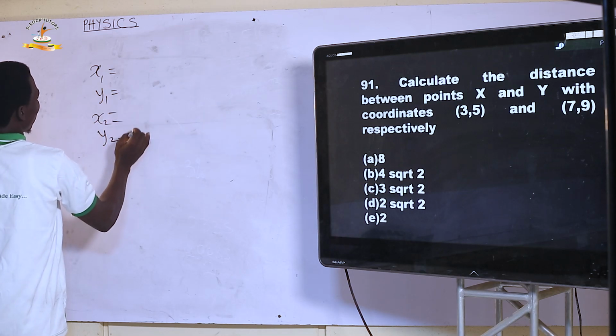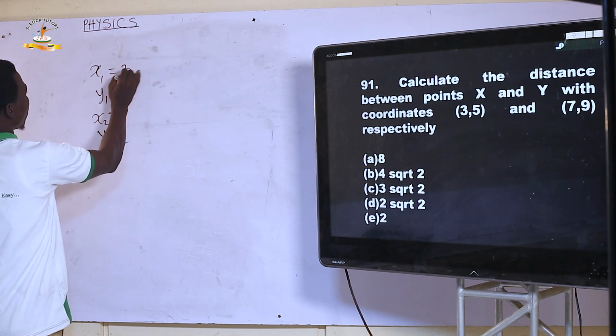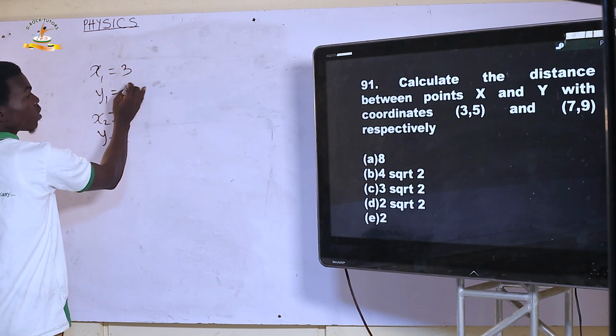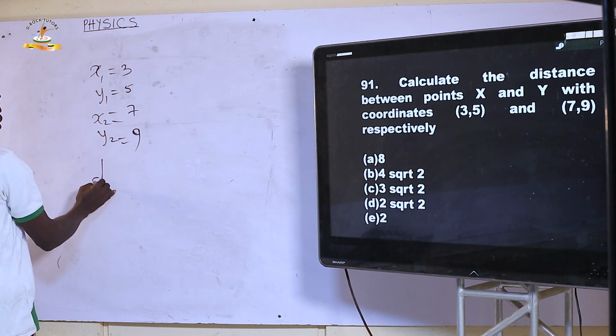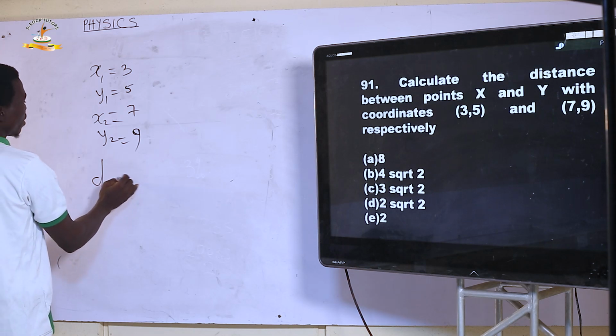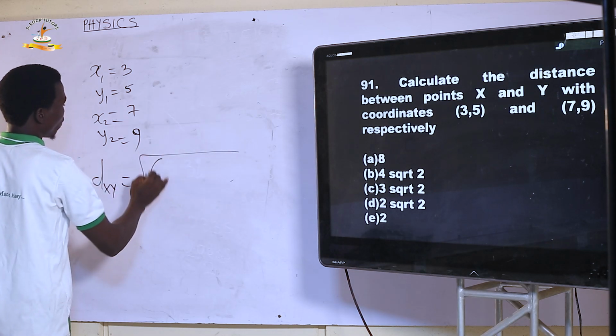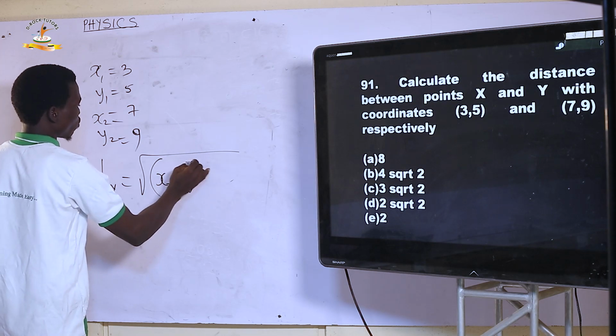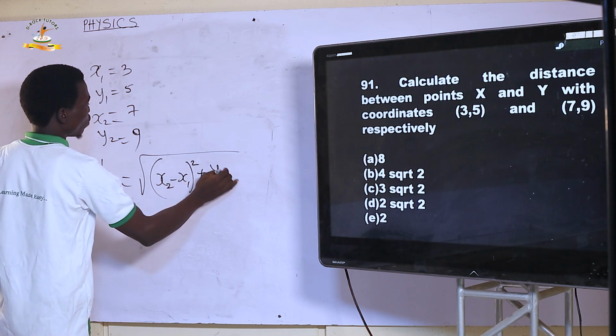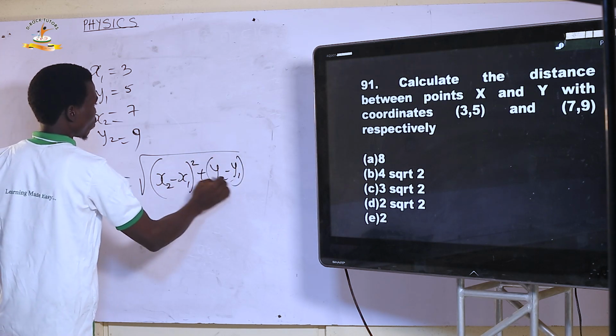X1 is 3, Y1 is 5, X2 is 7, Y2 is 9. And here the distance between X and Y is given by the formula: the square root of (X2 minus X1) all squared plus (Y2 minus Y1) all squared.